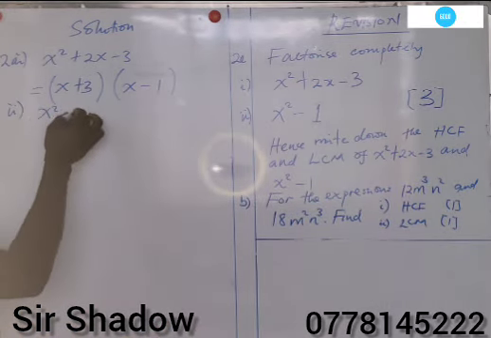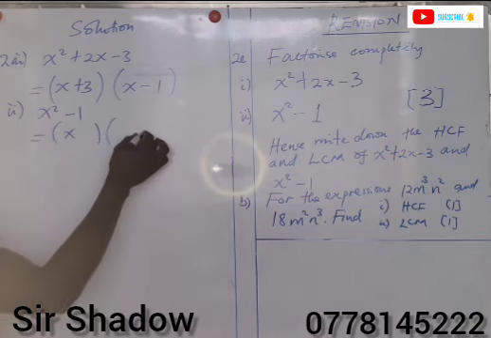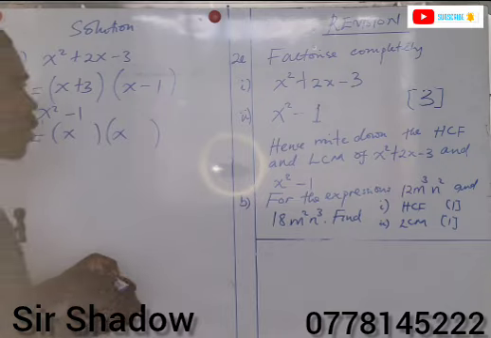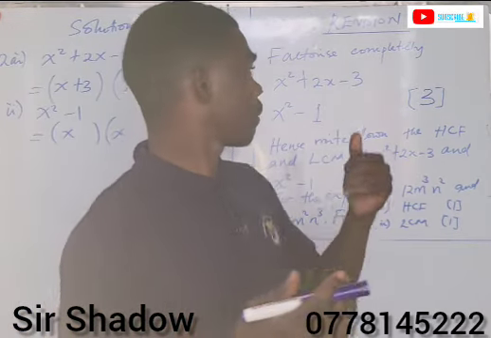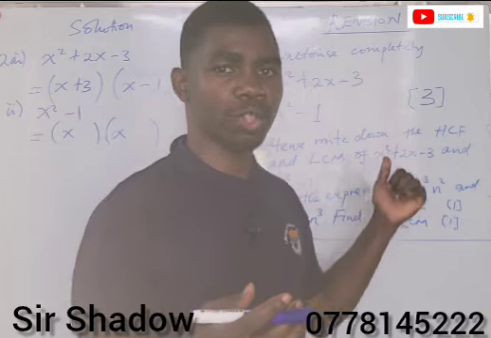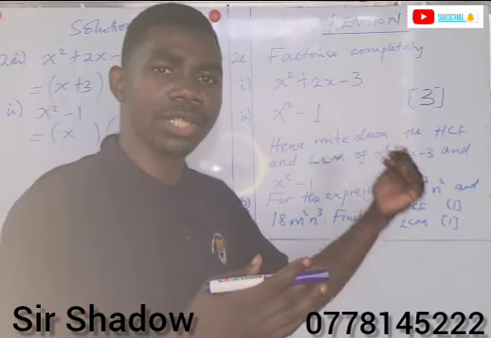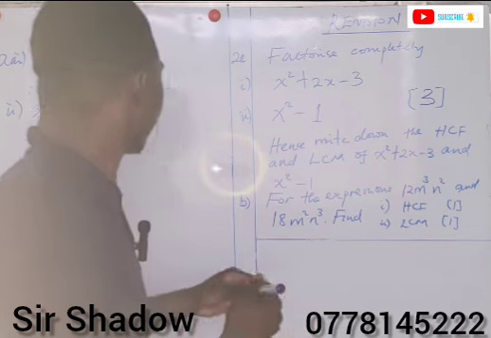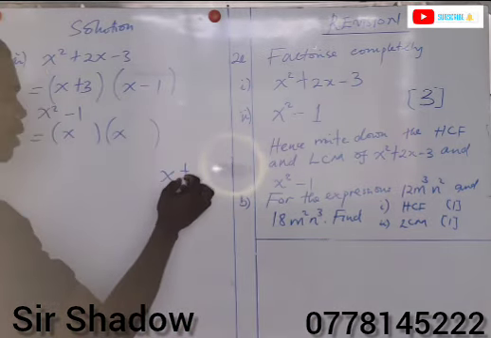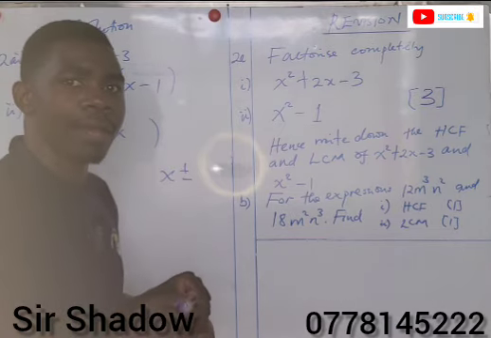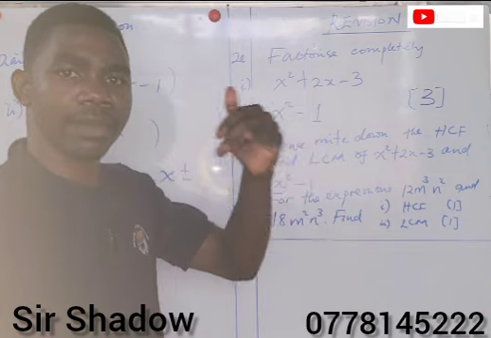We have x squared minus 1. This question falls under the topic of difference of two squares, the factorization of difference of two squares. Whenever you are asked to factorize a difference of two squares, note that the square root of x squared is x, then say plus or minus, since in a difference of two squares one factor will take a positive and the other a negative.